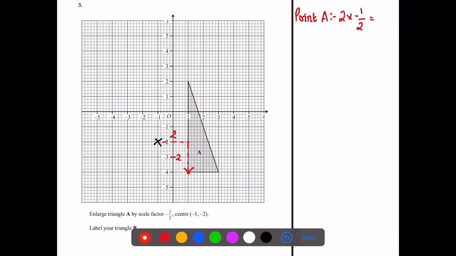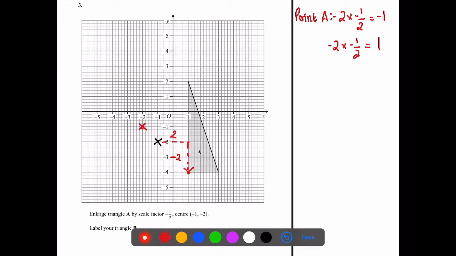Okay, well 2 times 1/2 is 1, so that must be -1. And then another -2 times -1/2 now. So again, 2 times a half is 1, but because they're both negative, it will remain a positive. So now you're going to show that you've got to go from the centre, so we're at our x, minus 1, 1. So we're going to go minus 1, 1. So our new point will be there. Okay, so let's put that in.